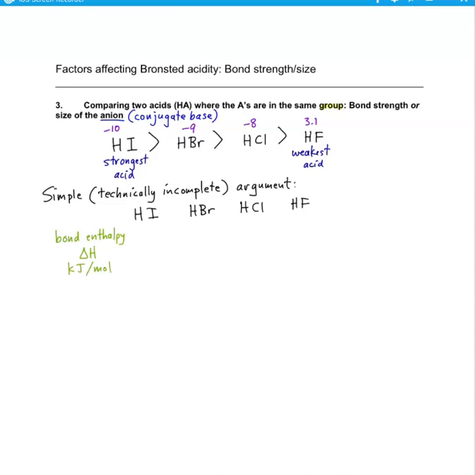And so this would be the amount of energy that you need to put in to break each one of these bonds. So for HI, you'd need to put in 299 kilojoules per mole. For HBr, it's 366. For HCl, that value is 431 kilojoules per mole. And finally, for HF, it's 562.